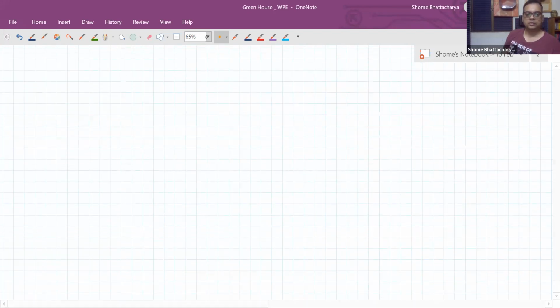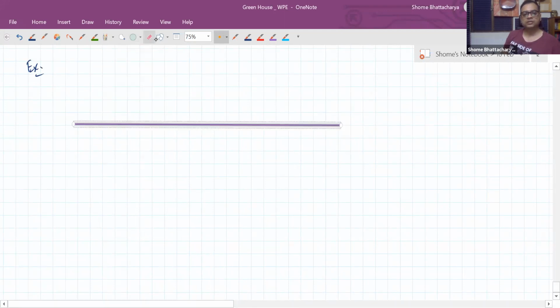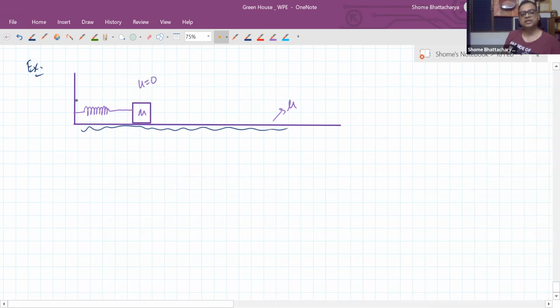Okay, so let's look at a simple example. Suppose we have this situation. There is a block attached to a wall on a rough surface, having a coefficient of friction, and it's attached to the wall via a spring. Initially the block is at rest and the spring is at natural length.